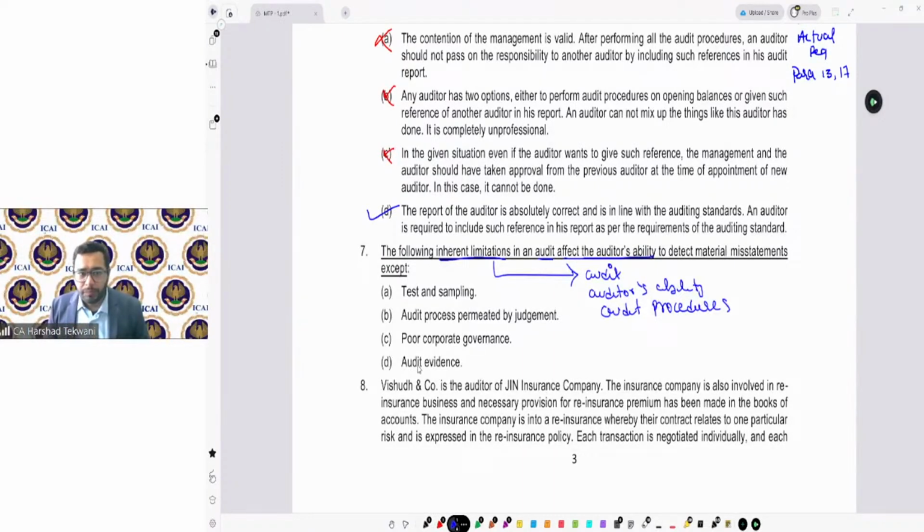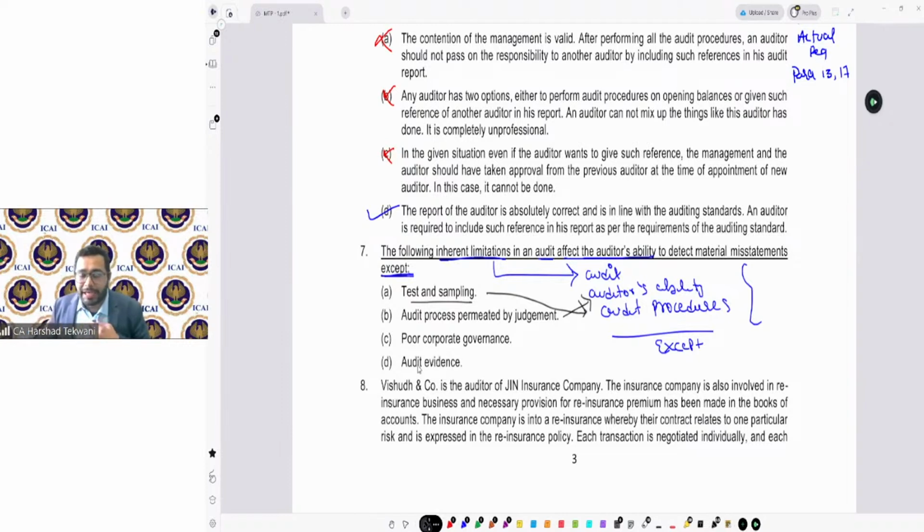That is fine. Now, the last word of this particular question is except. Whatever goes other than the audit would be your answer. Testing and sampling is part of my audit procedure, so it cannot be the except. Audit process premeditated by judgment is about the auditor's ability.